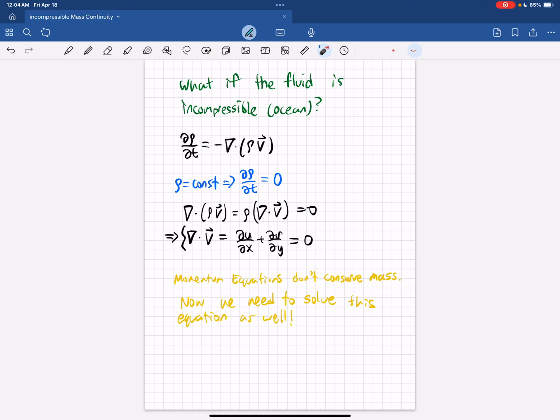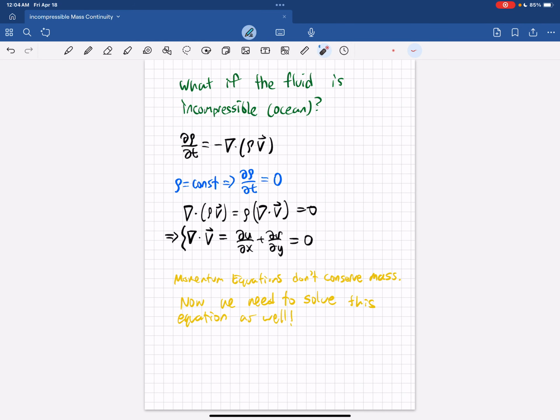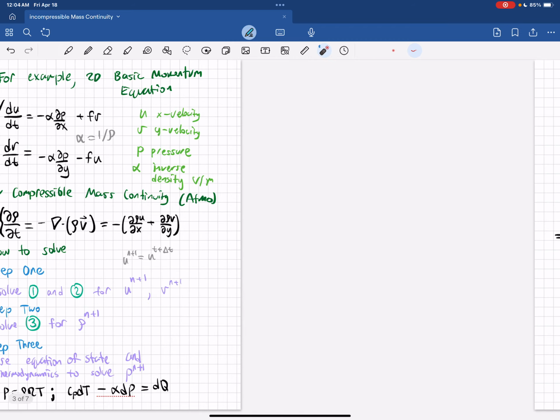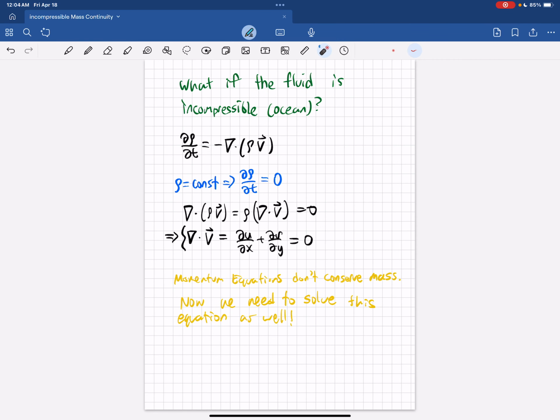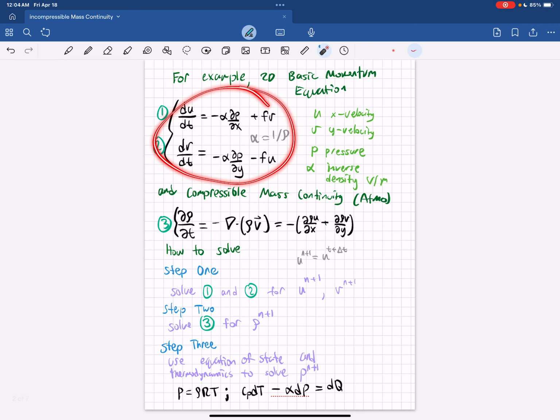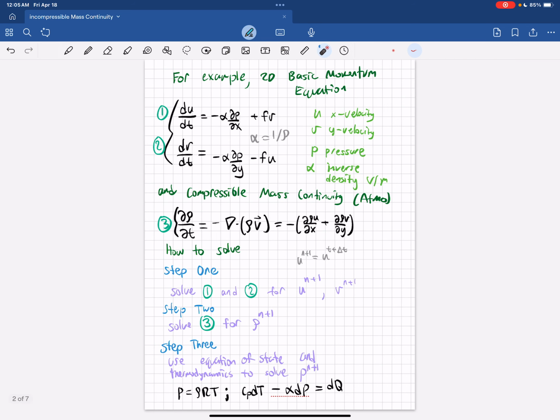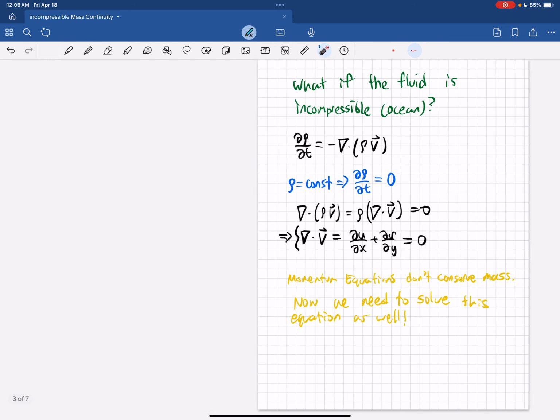So the issue is the momentum equations, these equations, don't conserve mass on their own. You have to update density, that kind of thing, as we just saw. So now we need to solve this equation to basically force the flow to be incompressible. Previously, we forced it to conserve mass by solving for density.